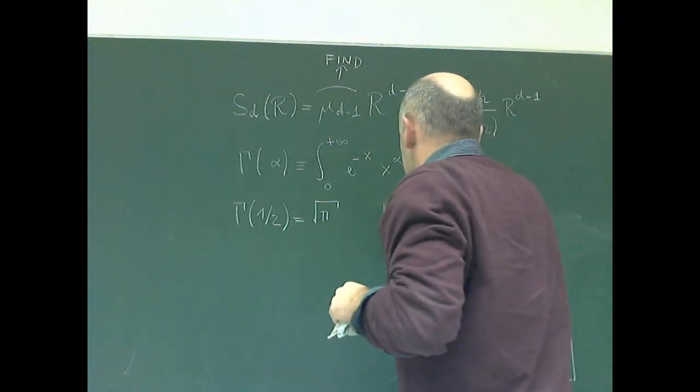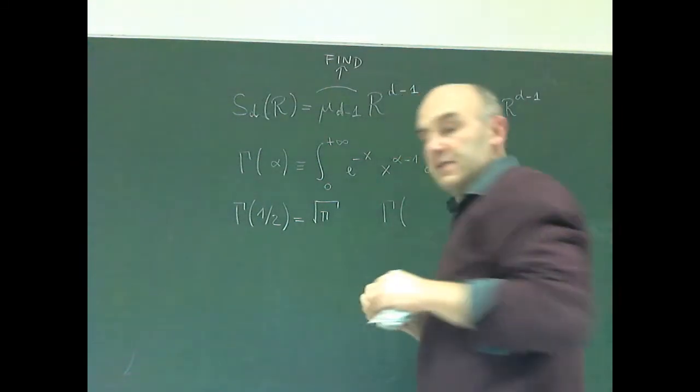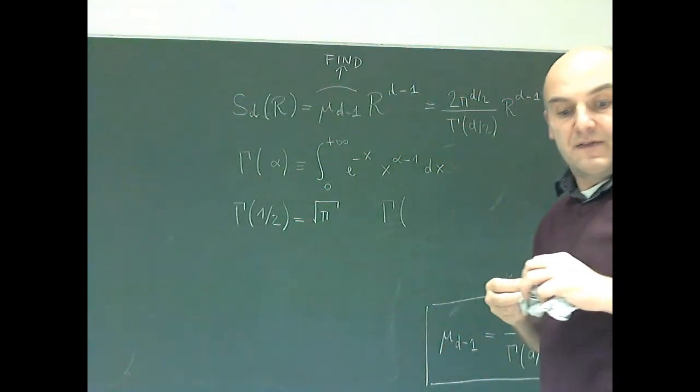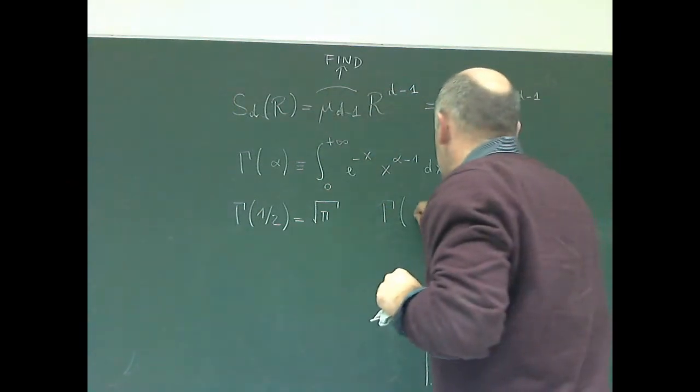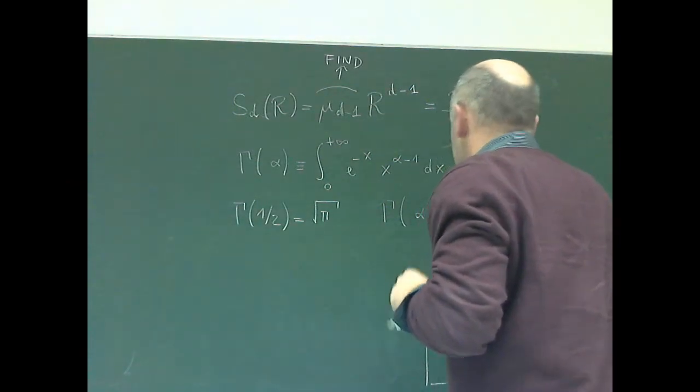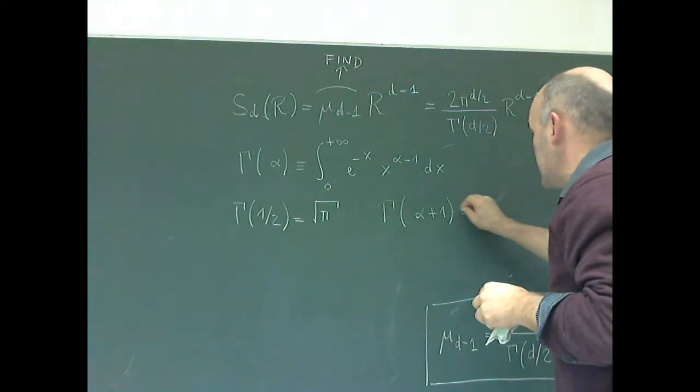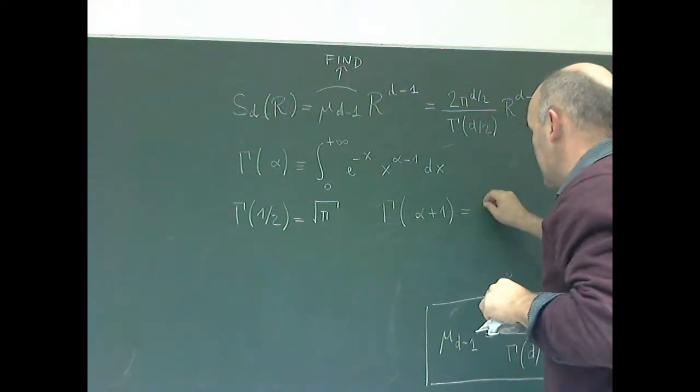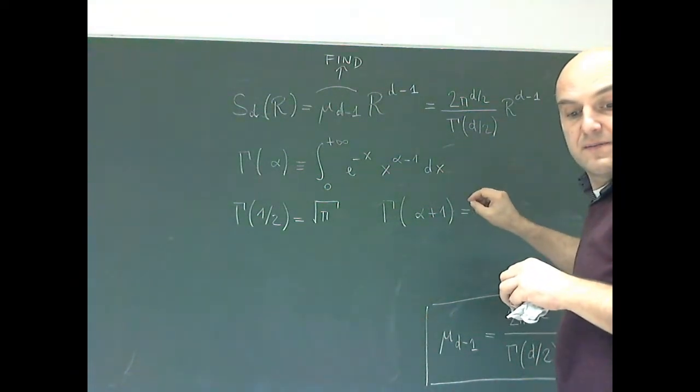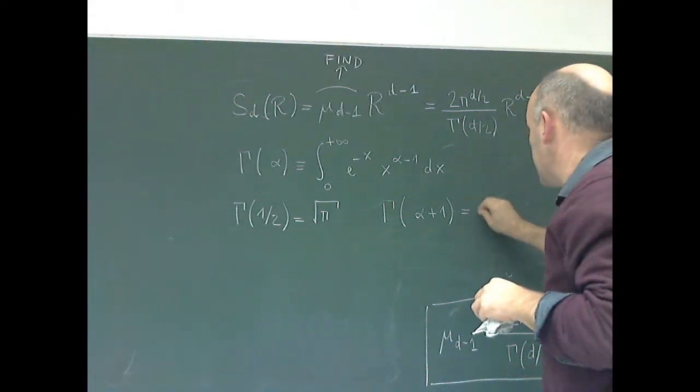And in general, the gamma of alpha plus 1 is actually alpha times the gamma of alpha.